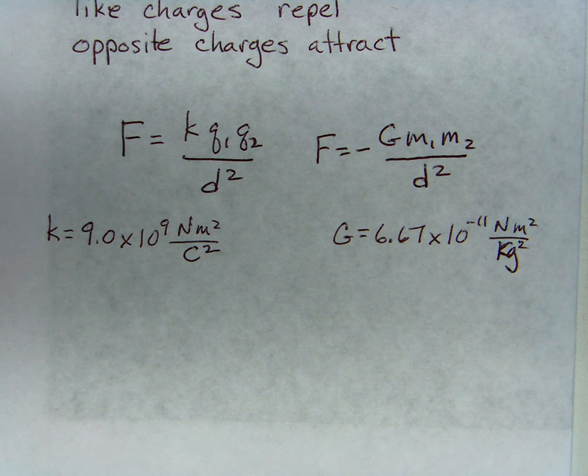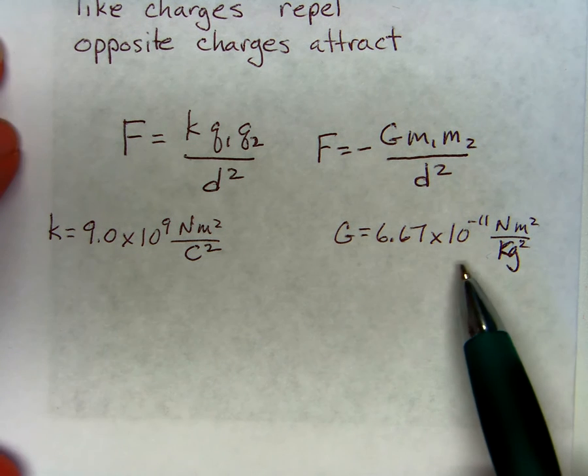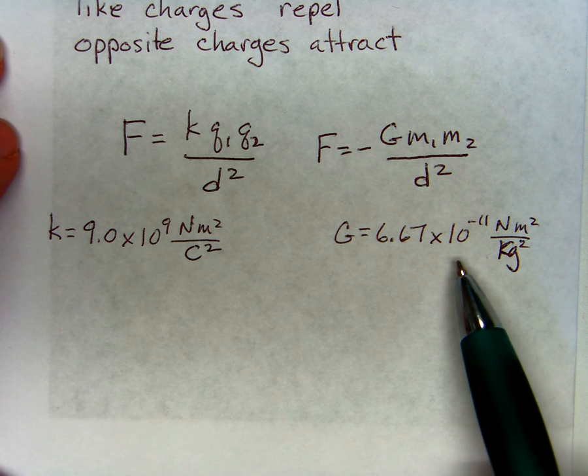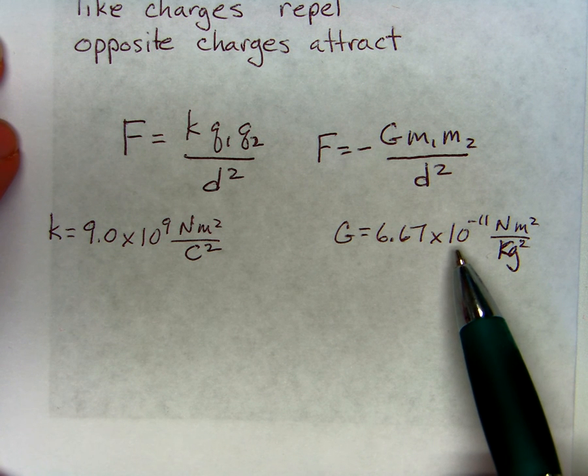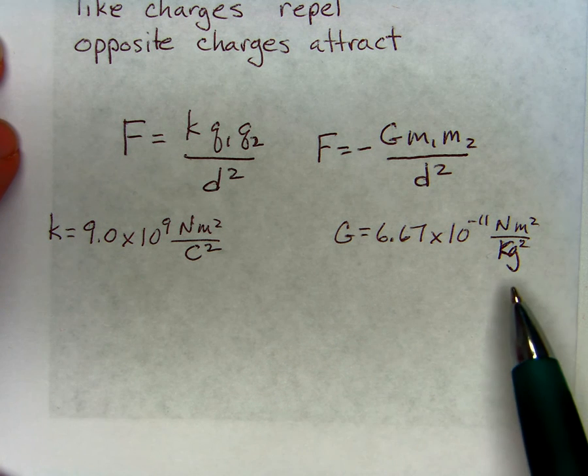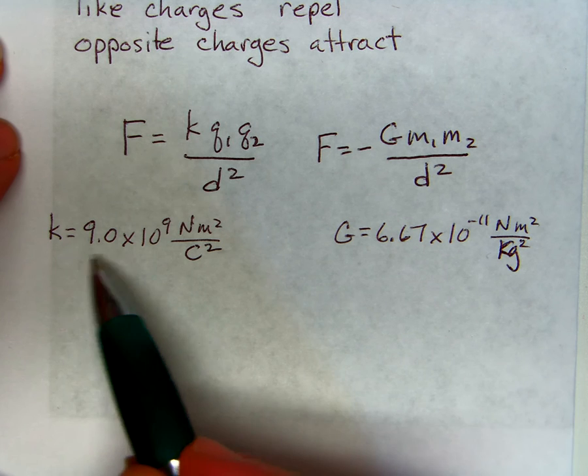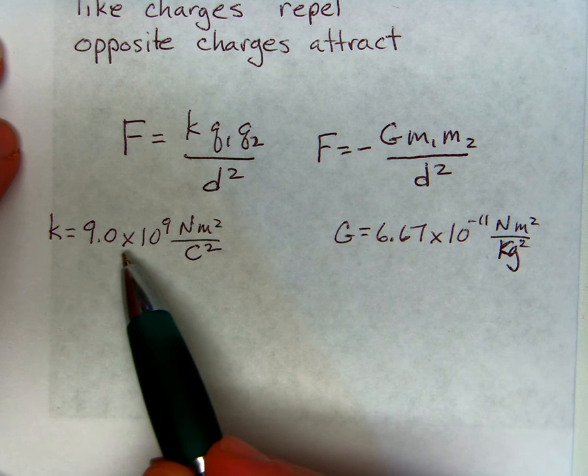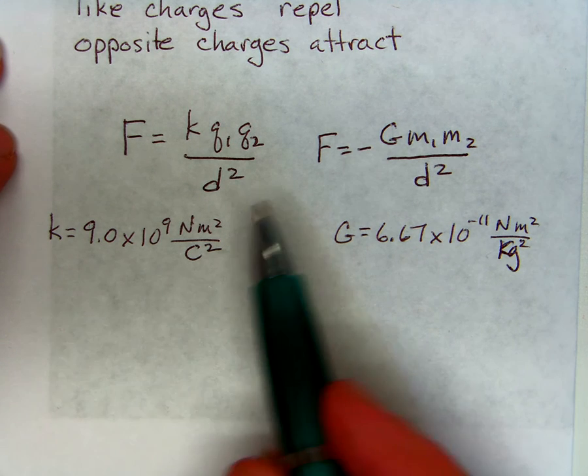What I'm hoping you noticed is the size of the force is much, much different. Notice how weak capital G is. 6.67 times 10 to the negative 11th newton meter squared per kilogram squared. k is 9.0 times 10 to the 9th.